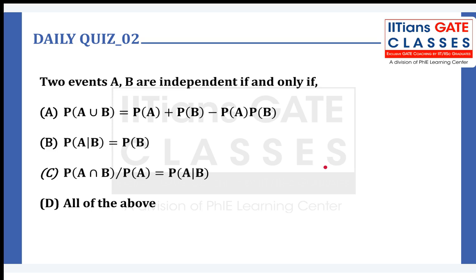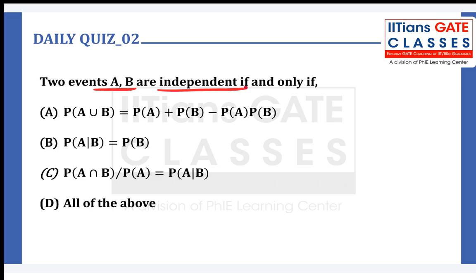This is the second question, which is about probability of events. There are two events A and B, and they are independent if and only if... There are 4 options, but these options are not the definition of independence.